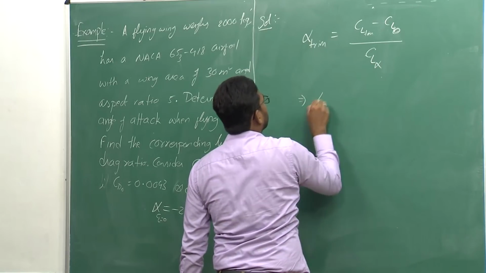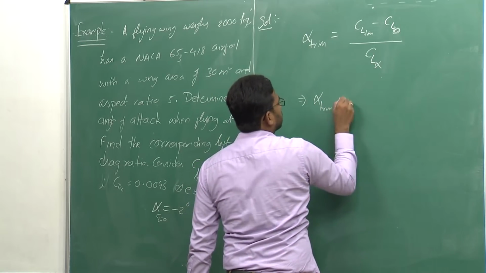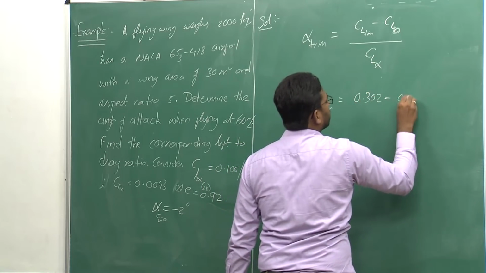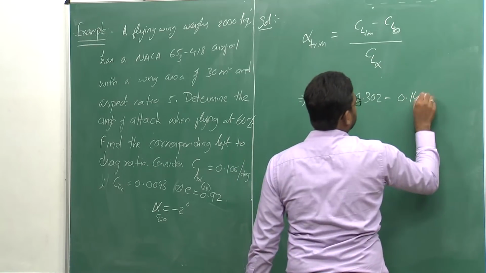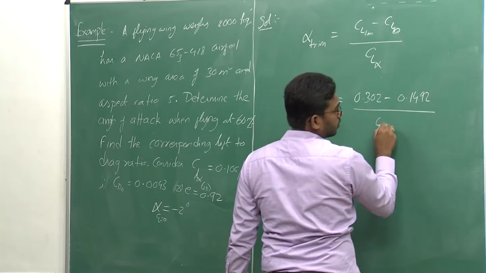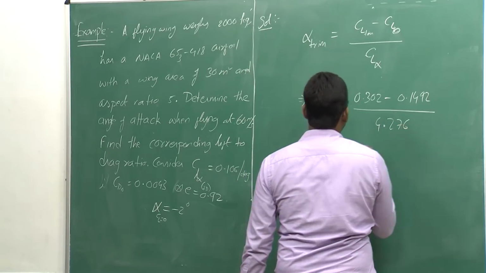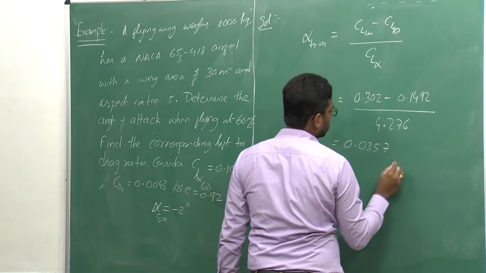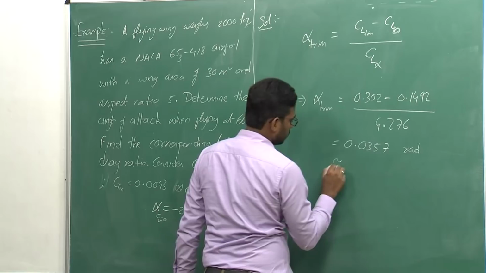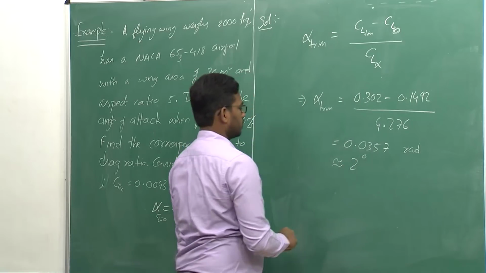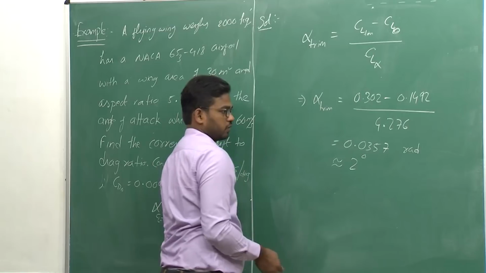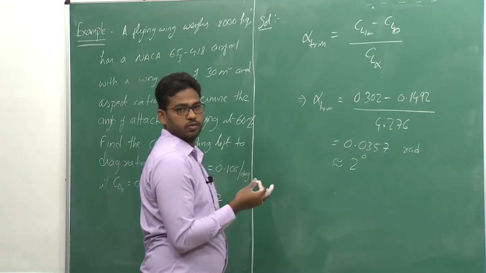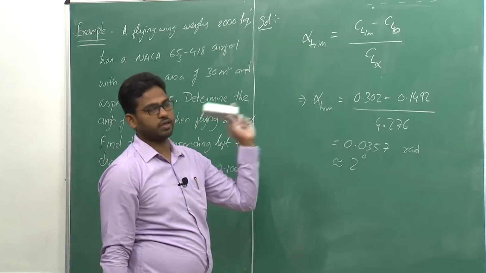So alpha trim is equal to 0.302 minus 0.1492 divided by CL alpha, which is 4.276. This equals 0.0357 radians, which is approximately 2 degrees. This is the angle of attack at which you need to trim this 2000 kg UAV, if you are flying at 60 meters per second with this particular drag polar.